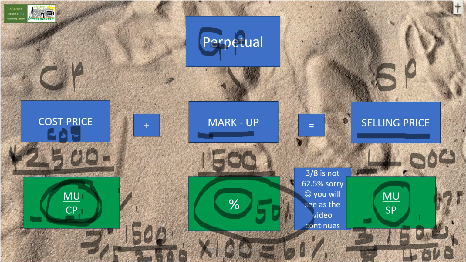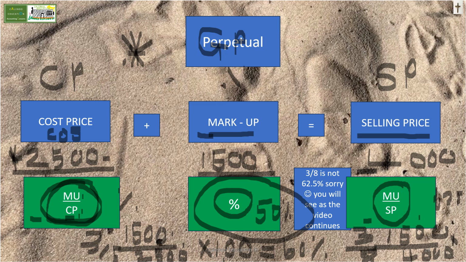Now, I'm going through this very quickly because I'm going to do a whole video on the calculation of markup on cost price, markup on selling price, the selling price, the cost price. The examiner can ask you to do all these calculations in the perpetual inventory system.